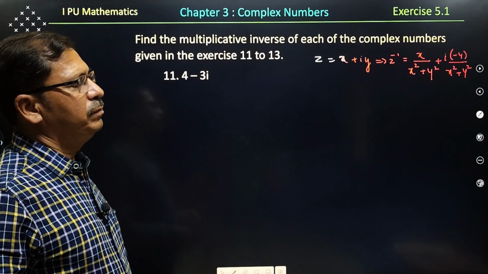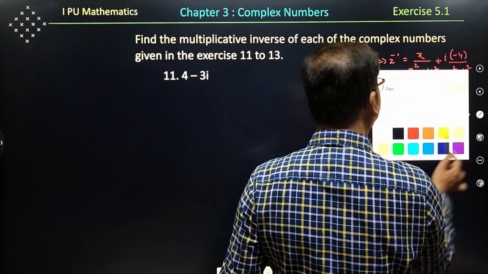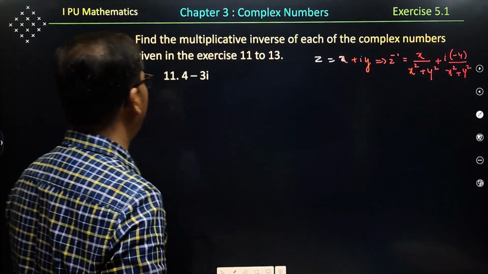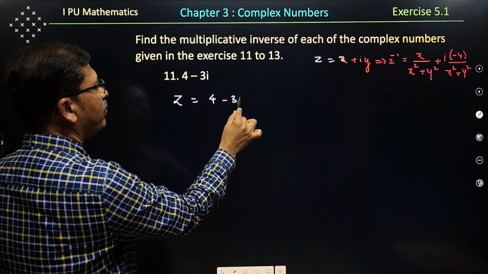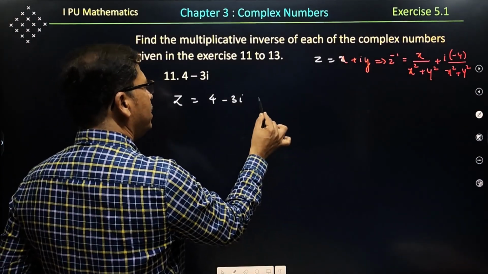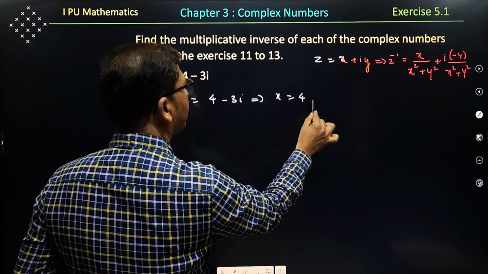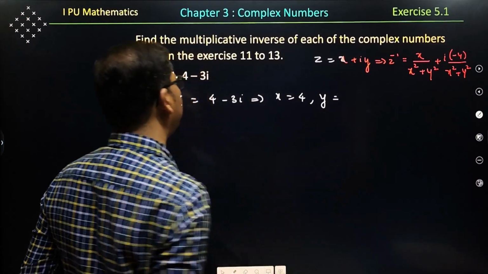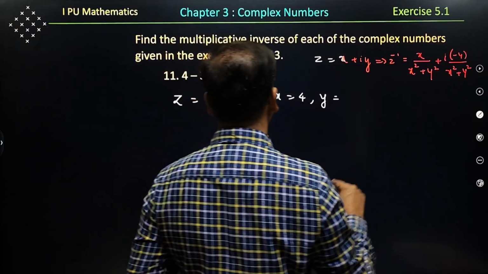This is the multiplicative inverse formula here. You are given the complex number z is equal to 4 minus 3i. See, in this case, x is nothing but 4, and y is nothing but the coefficient of i, that is minus 3.